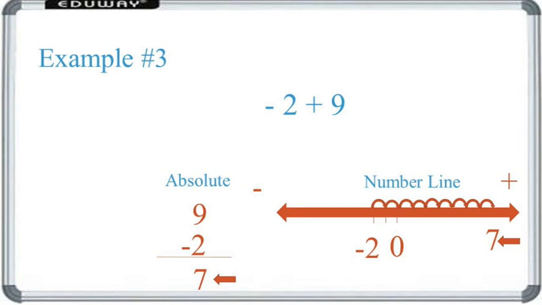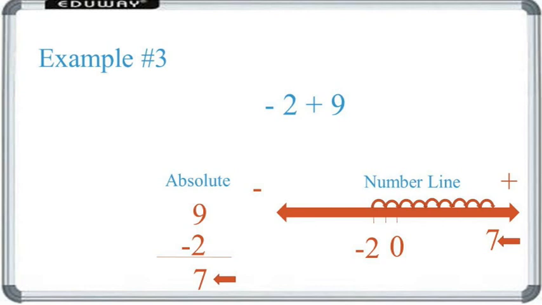The absolute value of negative 2 is 2, and the absolute value of 9 is 9. 9 minus 2 is 7. The sign takes the sign of the number with the larger absolute value. The 9 has the largest absolute value, and its sign is positive, so this is just going to be a regular positive 7.